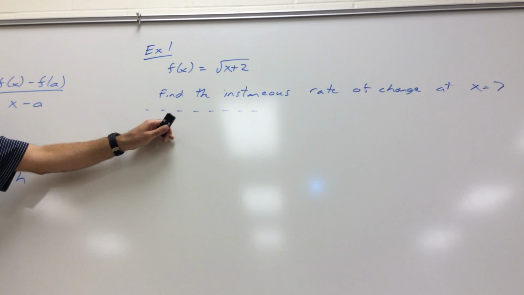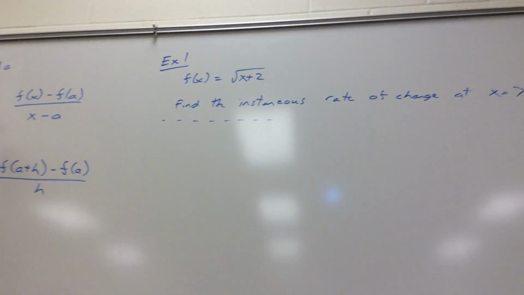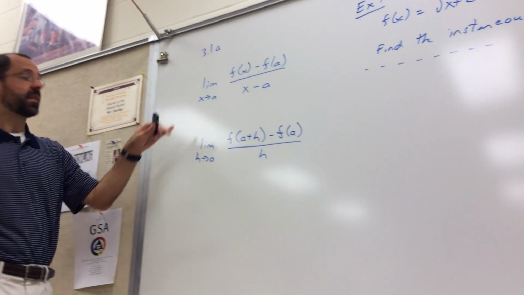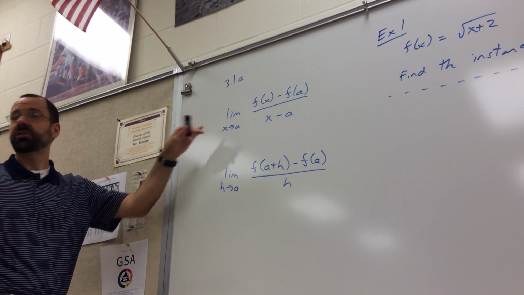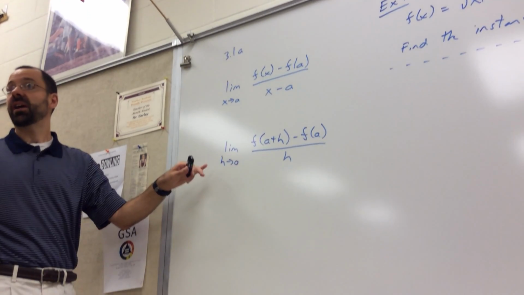Okay, so since we're finding the instantaneous rate of change, that's just another name for the slope of the curve. So we could use either of these formulas. This is the one we have been using, so just for practice, I'm going to have us use this one this time.